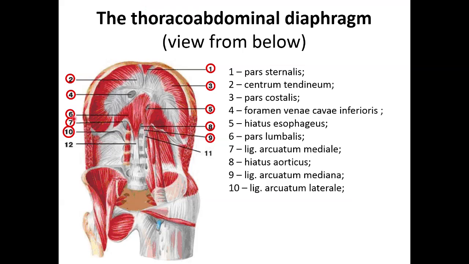Again, on the right side, this posterior abdominal wall is without large muscles, and the left side has these large special muscles, musculus psoas major and quadratus lumborum.